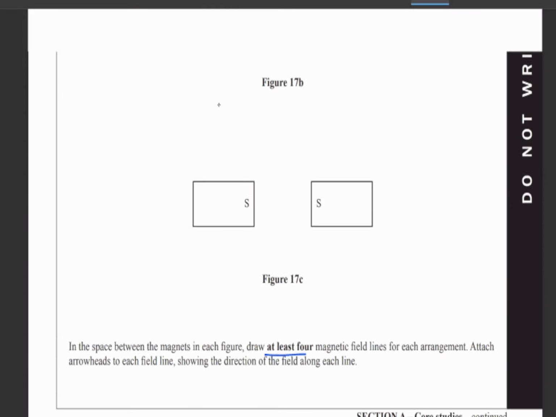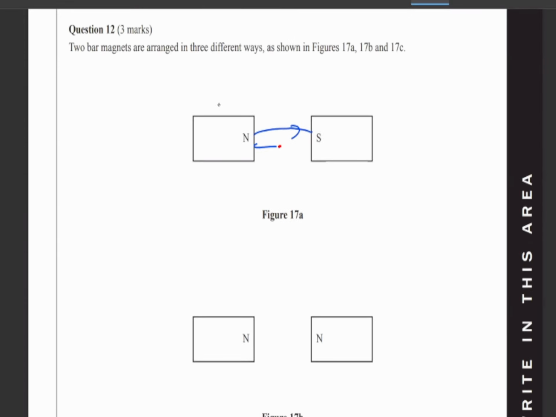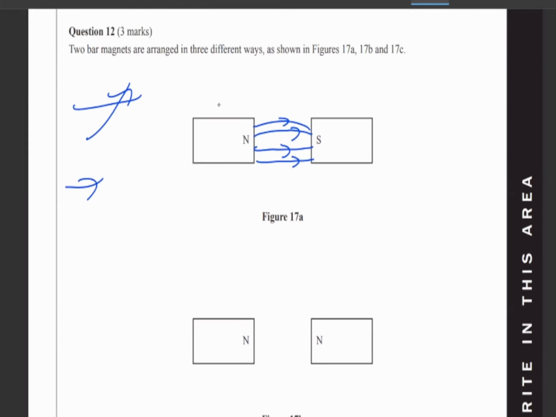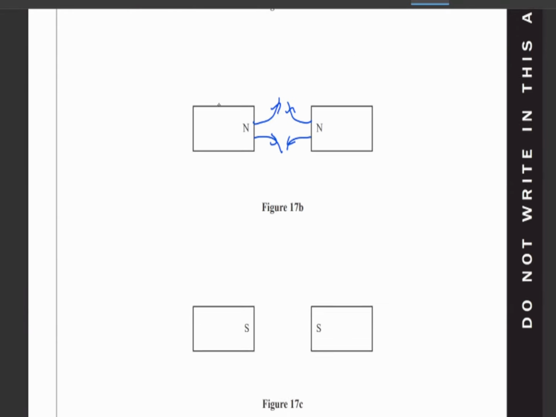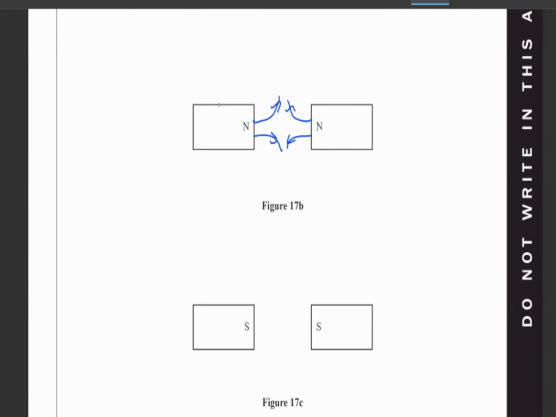At least 4. You have to make sure that they don't intersect, because that would be wrong. And you have to make sure the arrows are pointing correctly. So the north and the north would repel, so we just go like that. And the south would repel, but it would be the opposite of the north, so just go in instead of out.